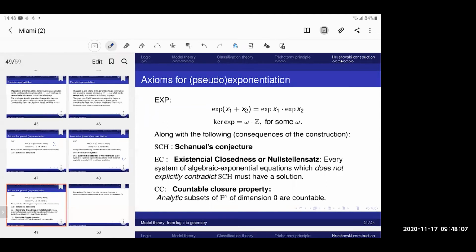So if you have a very complicated equation that is just in one variable, then this does have a solution, assuming that it doesn't have some degenerate form. Well, the last one, the countable closure property, does hold for the field of complex numbers with exponentiation, but you have to postulate it for the general case.